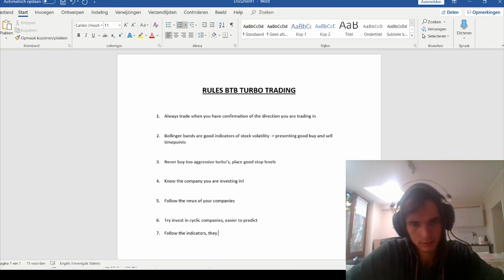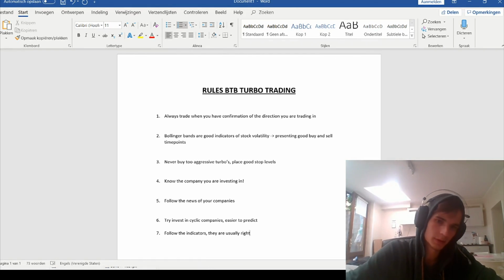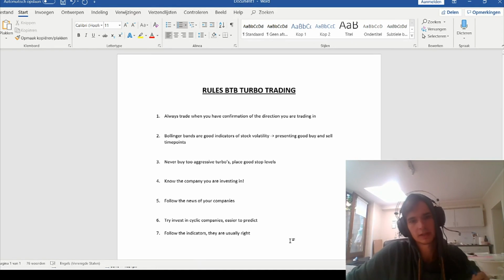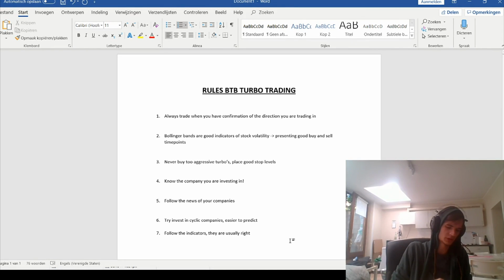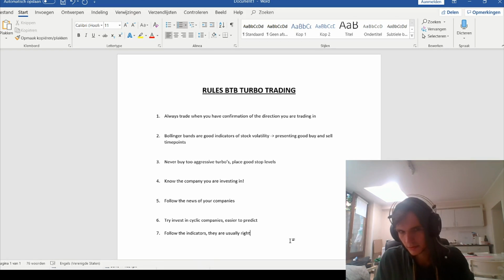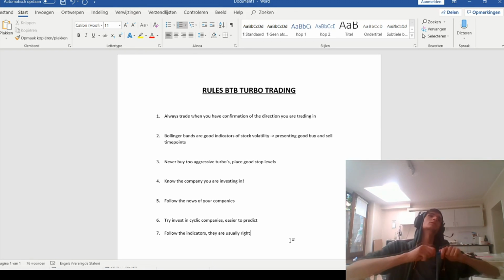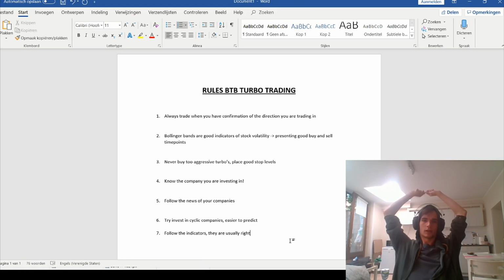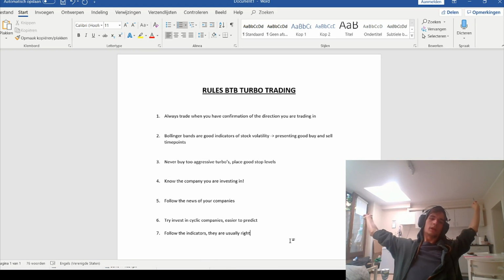They are usually right. What I mean by that is, if there are still bullish signs and bullish indicators going for you, you should probably keep your stock. If it's going bad, like if it's not crossing your stop loss already, usually they do go in the direction you think they're going.